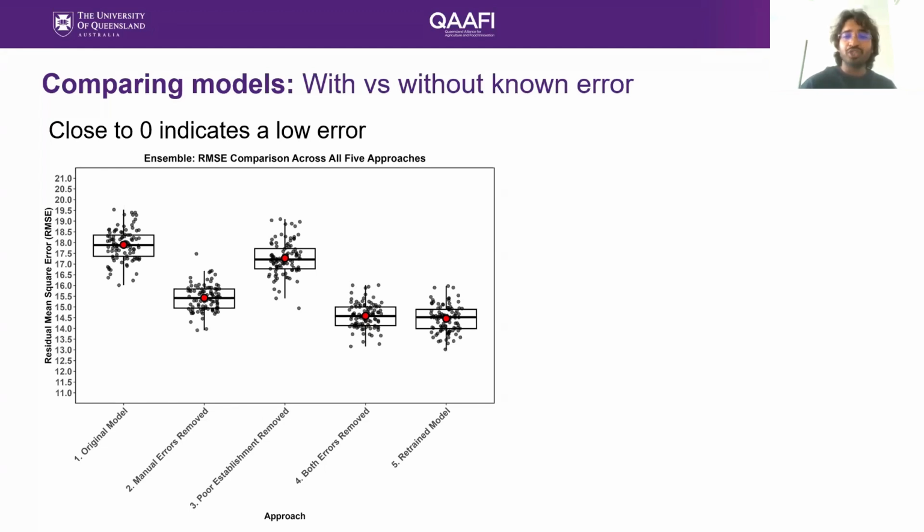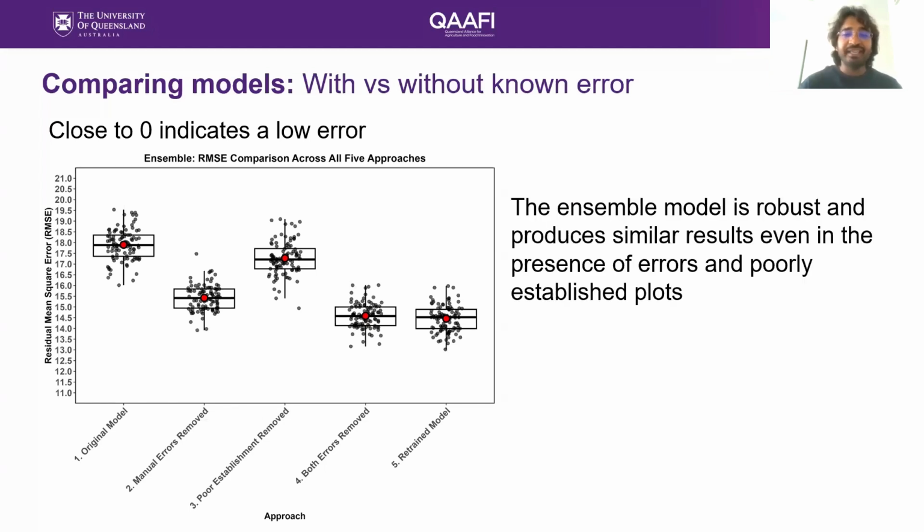Finally, the fifth approach removed both types of problematic plots and then retrained the model. Here, I used root mean square error to compare the approaches, where a value closer to 0 indicates low error.